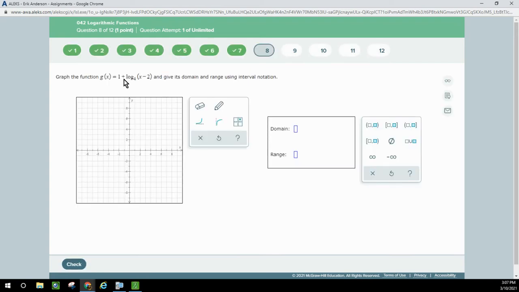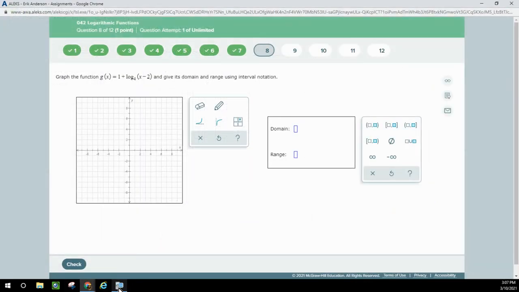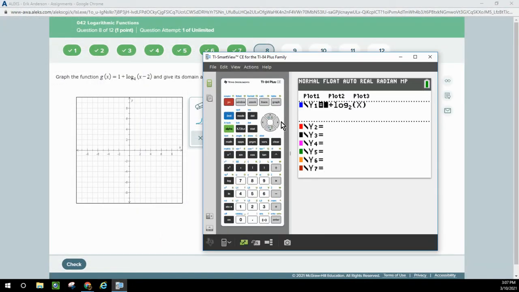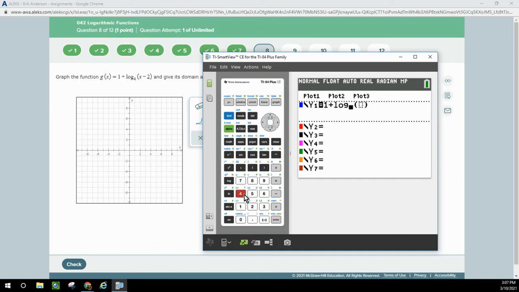Graph the function 1 plus log base 4 of x minus 2 and give its domain and range using interval notation. So 1 plus log base 4 of x minus 2.